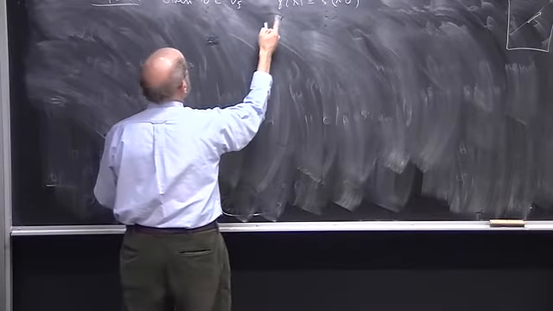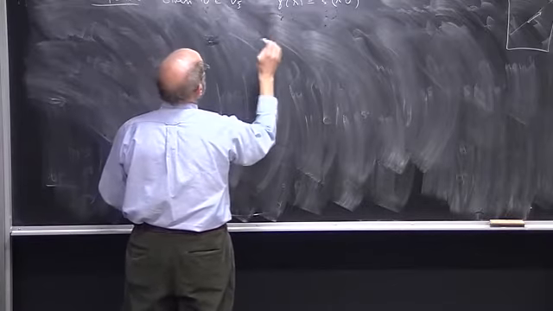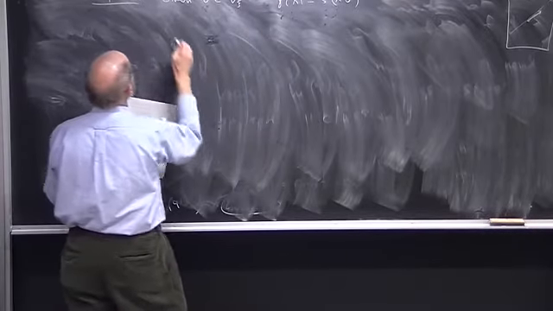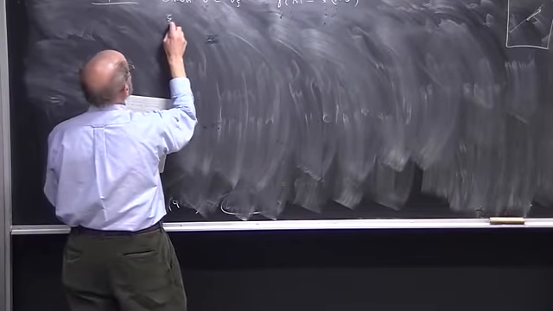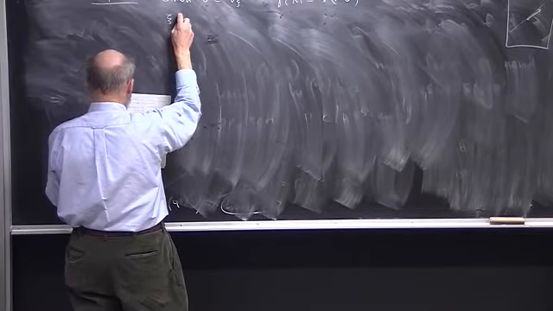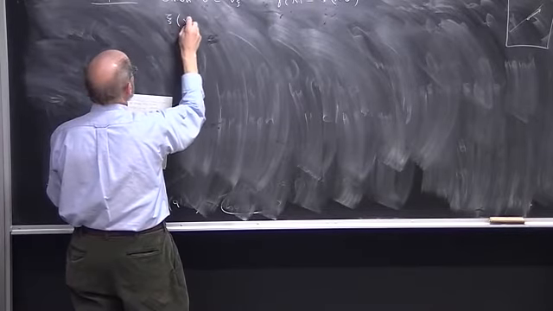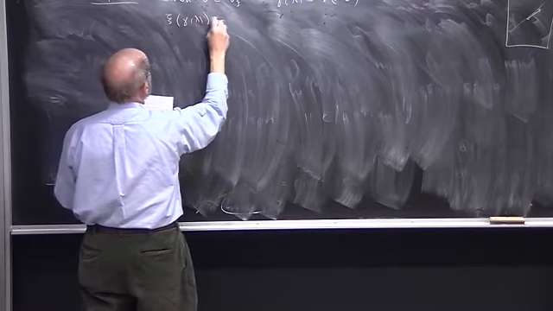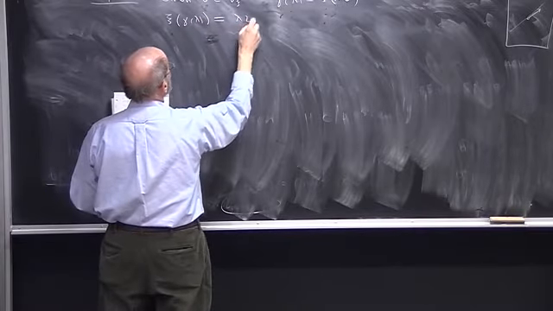If we make this assumption, let's consider this curve. It follows that C of gamma of lambda is equal to lambda times v.